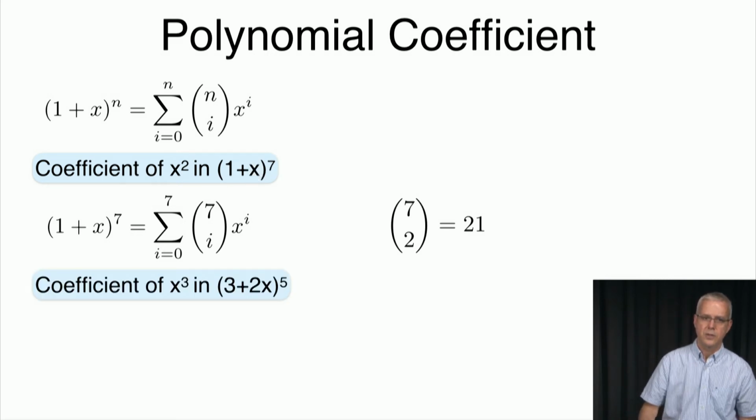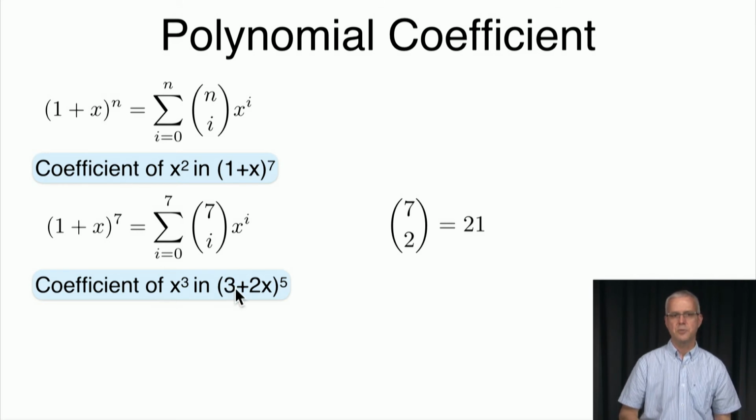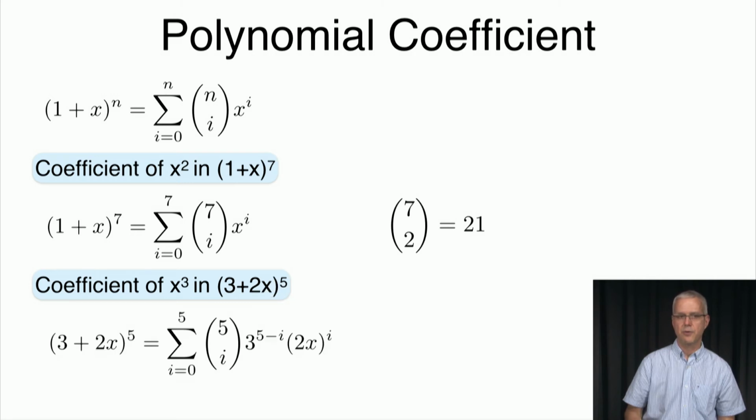Okay. Similarly, what is the coefficient of x cubed in (3 plus 2x) to the 5? Well, we can write this using the binomial theorem. (3 plus 2x) to the 5 is summation i going from 0 to 5 of 5 choose i, 3 to the 5 minus i times (2x) to the i. Okay. And we're interested in the coefficient of x cubed, so we're interested in what happens when i is equal to 3.